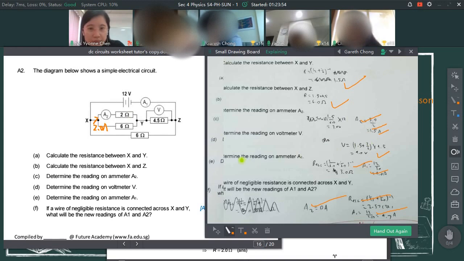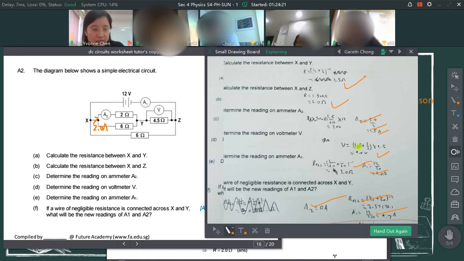Very good, okay? Then for part B, the reading of the voltmeter, we already found the current in the 2.0 ohm resistor is 1.5. Then you find the current in this branch. So that's the total current. I cannot write anymore.